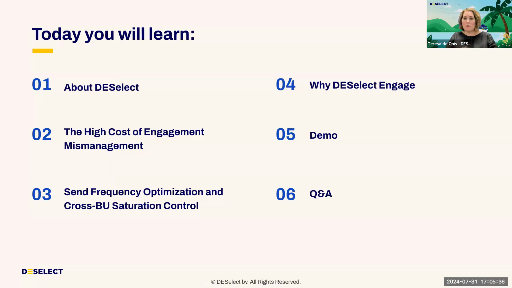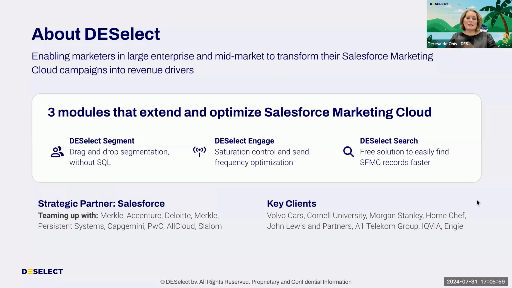Why this product is ideal to ensure that you're driving your revenue targets and engaging customers with the right amount of frequency and not oversaturating or undersaturating them. And then Jonathan's going to show you a demo of the product, and then we'll open it up for questions at the end.